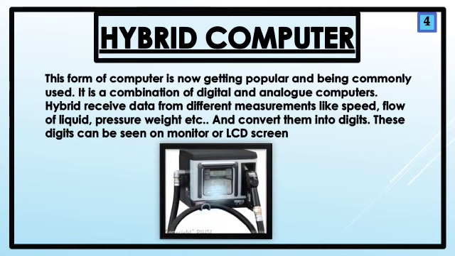The third one is the hybrid computer. This form of computer is now getting popular and is commonly used. It is a combination of digital and analog computers. Hybrid computers receive data from different measurements like speed, flow of liquid, pressure, weight, etc., and convert them into digits.